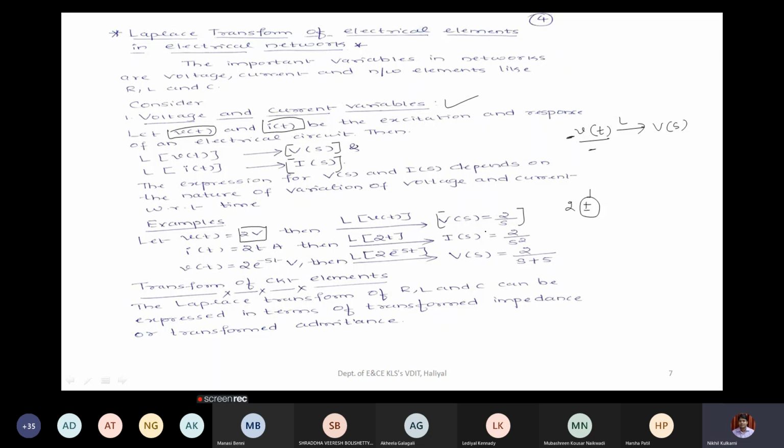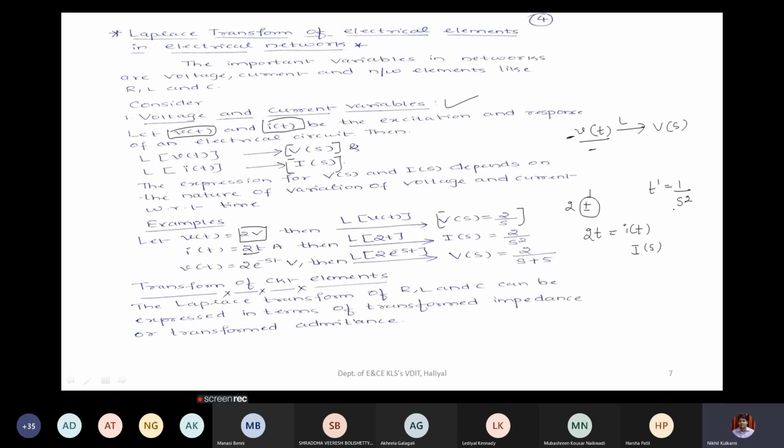Okay. Similarly, if you take I of t, the current source in the circuit, and they mention the current source value as 2t, which is equal to I of t, then what will be I of s? 2 is a constant. And what is the Laplace transform of t to the power 1? It is 1 by s square.